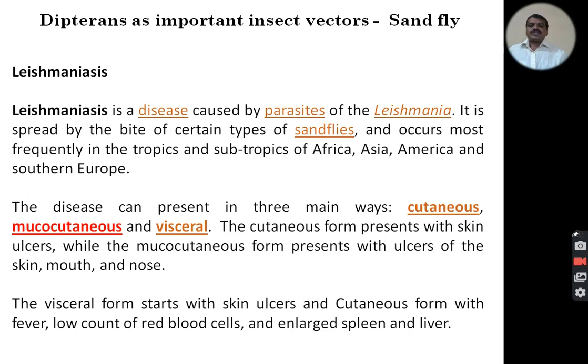The visceral form starts with skin ulcers and presents with fever, a low count of red blood cells, and an enlarged spleen and liver.